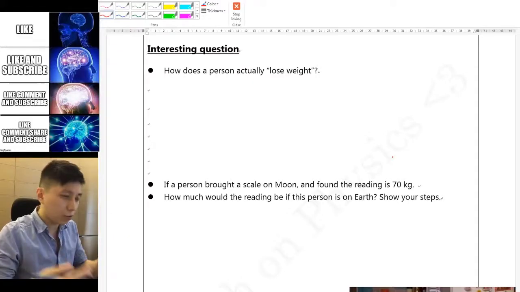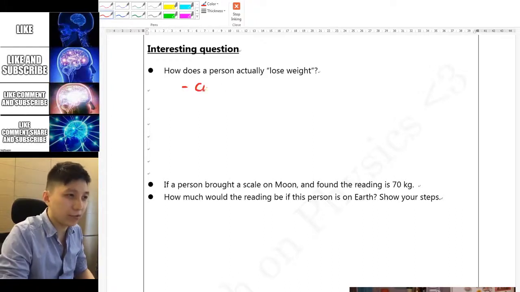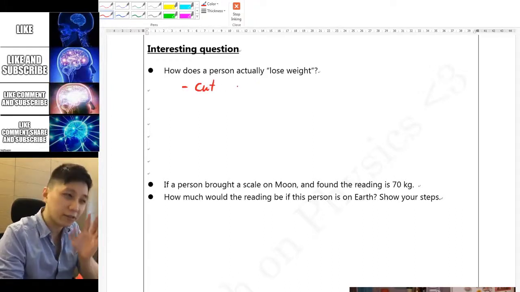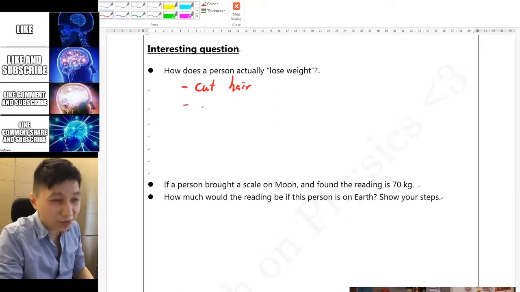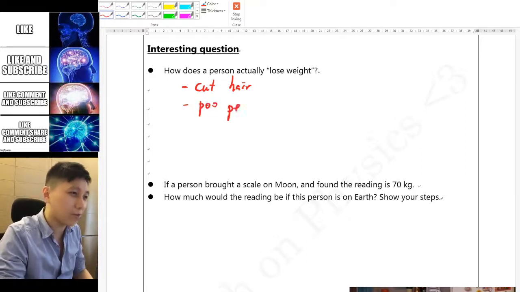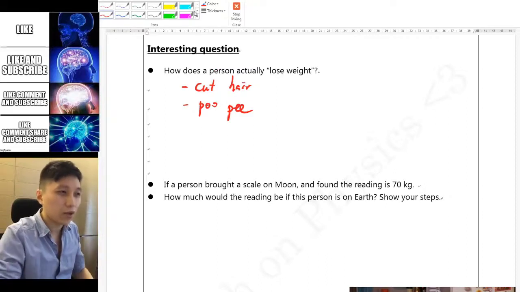Alright, so you may have put down different approaches. For example, you may simply cut your hair. You could go for excretion, like poo or pee, getting things away from you, literally.